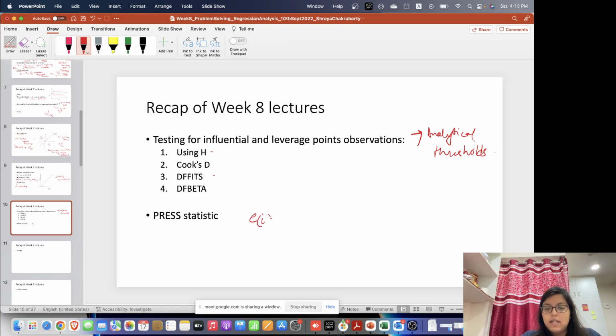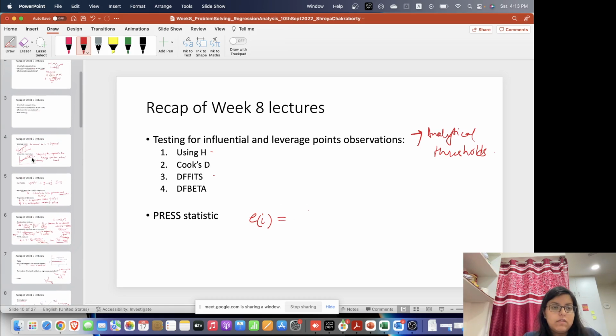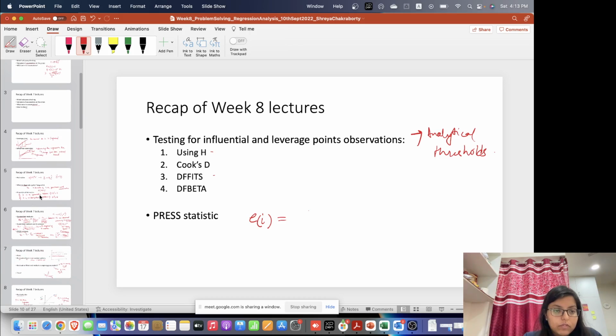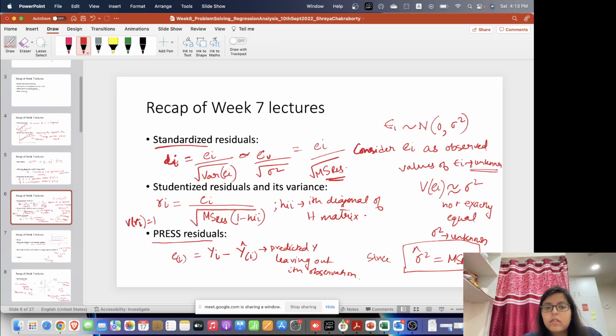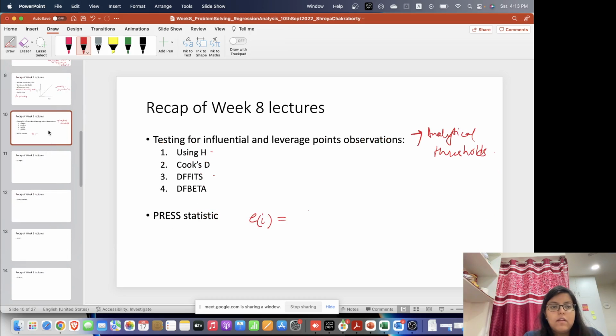As I said earlier, the residual leaving out the ith observation is calculated as yi minus yi hat prime, so this was yi minus y leaving out i hat. This thing is the ith residual.